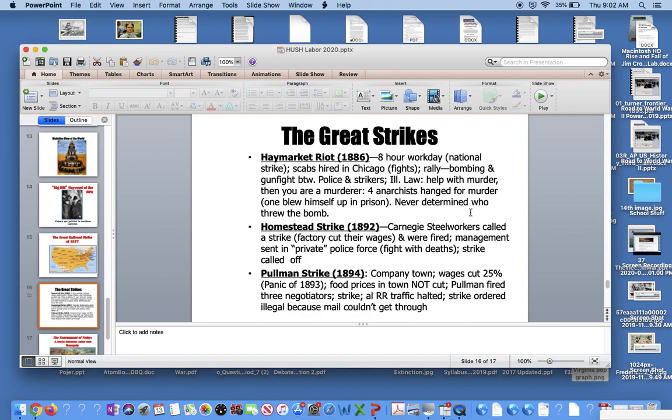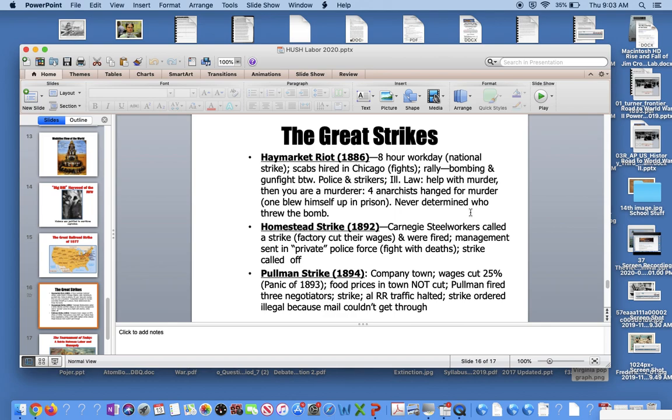Homestead strike, I don't want to belabor what happened there, but Frick and Carnegie don't want any kind of union activity at any of their factories, and obviously that leads to nothing good for the workers. We talked about that in class, right? Men can't get their jobs back, they're blacklisted. Frick uses a lockout. They use all the tricks in the book.